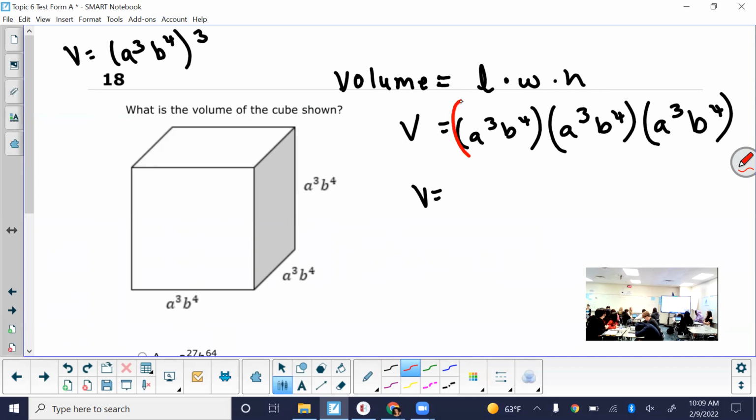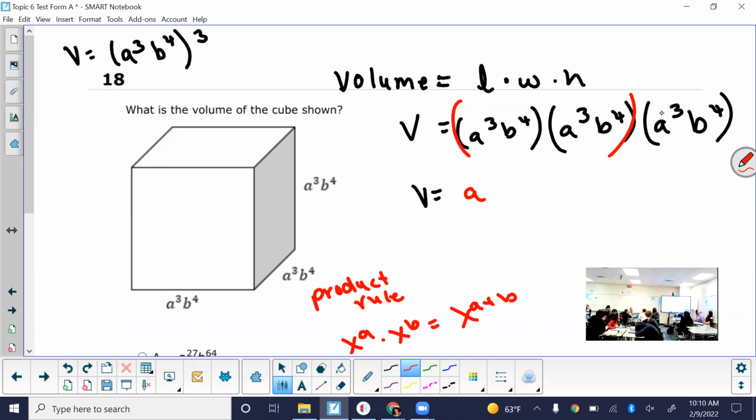So like we'll start with this one. What's a cubed times a cubed? What does the product rule say to do? When I have x to the a times x to the b, what do I do with the exponents? You add them.